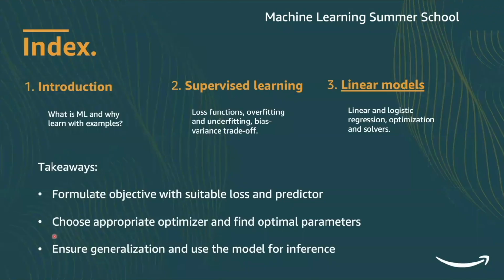So the summary is: we find suitable loss and predictor, and an appropriate optimizer, and solve for the optimal parameters, paying careful attention to generalization, and use the final model for inference.